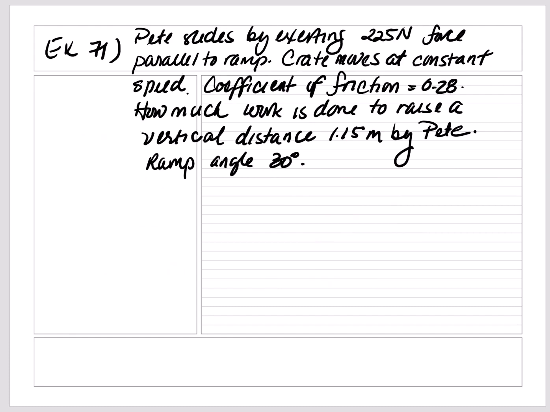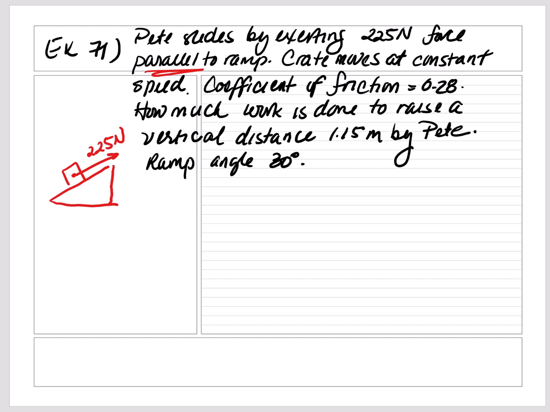So this is example 71 in your packet. Peter slides by exerting a 225 force parallel to a ramp. So I know this is kind of like an inclined plane. So I'm going to draw my picture. Since it's parallel to my inclined plane, this is my force that is exerted by Pete.